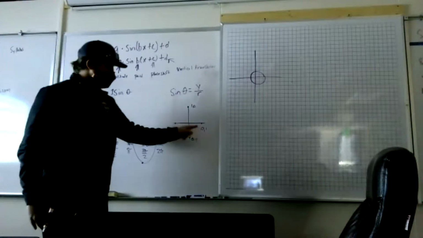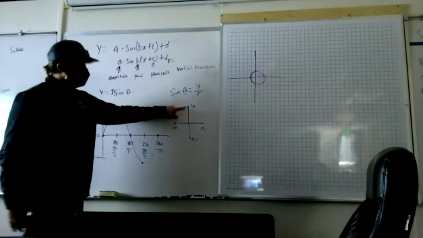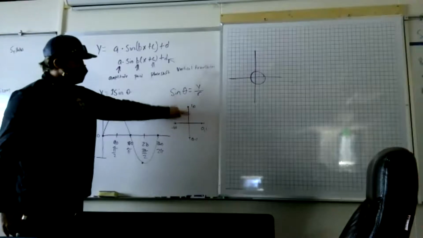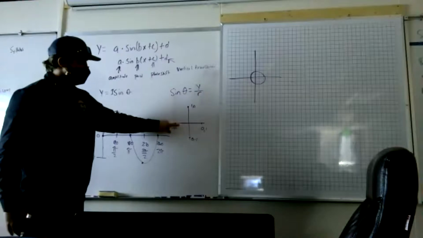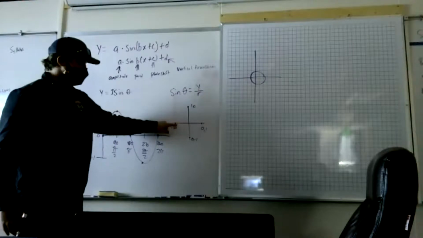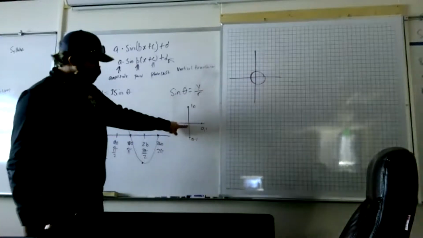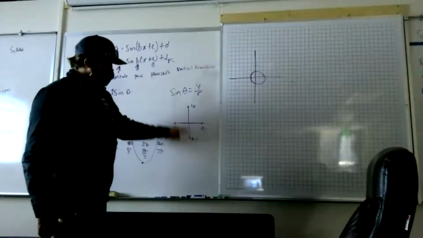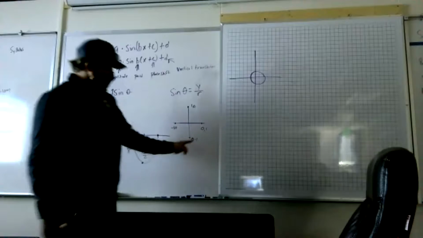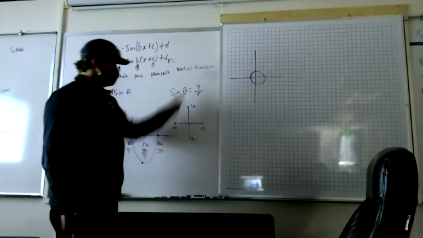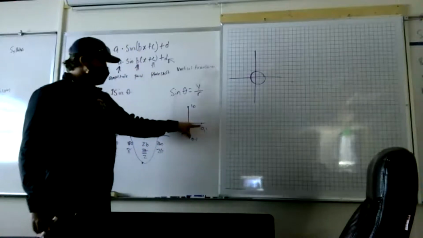Sine of 0 is 0, y over r, 0 over 1. Sine of 90 is 1, because our r value matches our y value. Sine of 180 is 0 again, because the r value matches the x value, because the radius of the circle doesn't change. And then sine of 270, or 3 pi halves, is y over r, or negative 1, I apologize. Negative 1, because we end up with negative 1 over 1. R is always positive. And then we're back to 360, or 0, where our y value is 0.